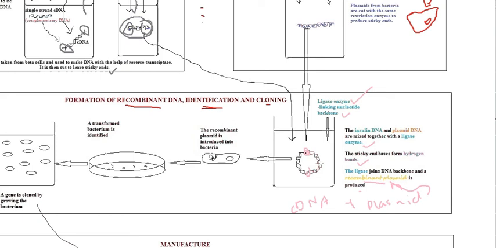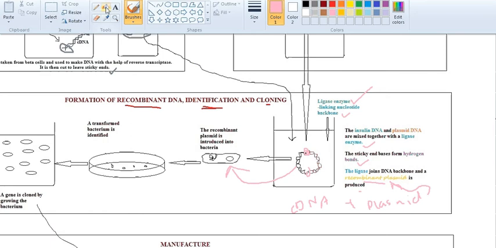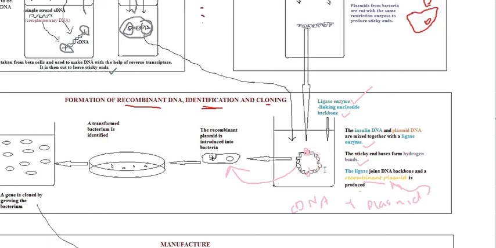Then this does not end over there. Before keeping this inside the bacteria, there must be a way to identify which among the plasmids were changed to recombinant plasmid.